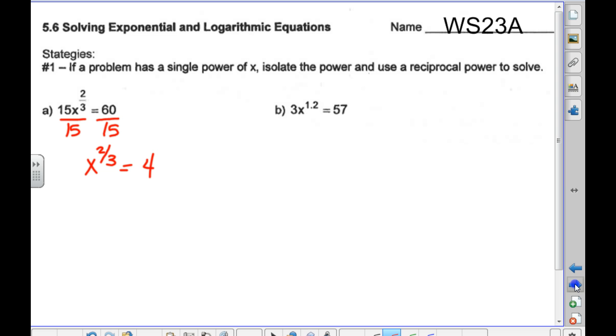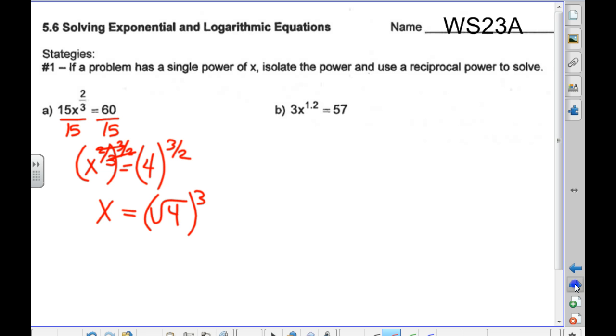And then we need to get rid of a 2/3 power, so we're going to raise both sides to the reciprocal of that, which is the 3/2 power. Okay? This will become 6/6, or just x to the 1. This is really the square root of 4 cubed, which is, anybody? 8.